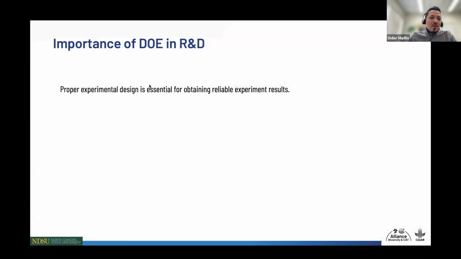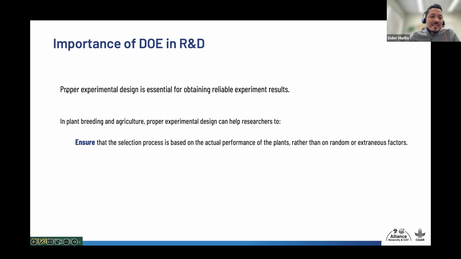For that reason, the importance of DOE in research and development. DOE is very important. For example, proper experimental design is essential for obtaining reliable experimental results. If we make good experimental designs, for example in plant breeding and agriculture, we can ensure that the selection process is based on the actual performance of the plants rather than on extraneous factors.